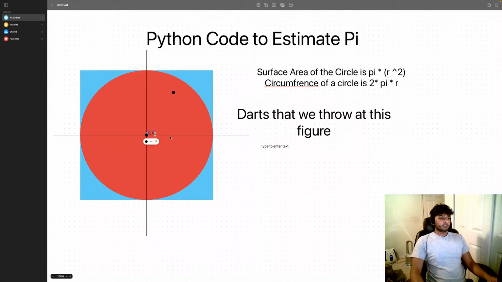We have one here at, let's say, like 0.4, 0.7, almost.